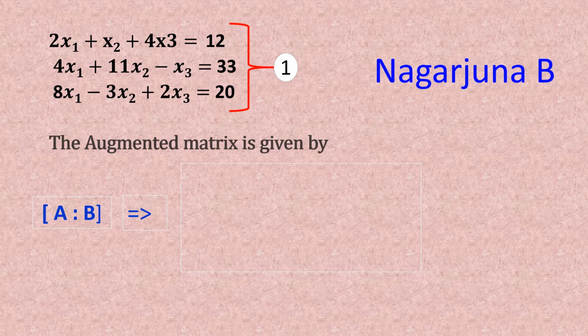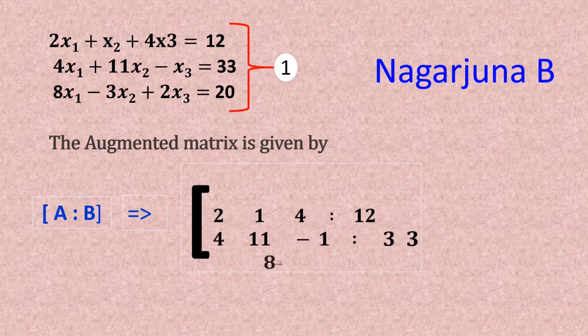Both together we write as the augmented matrix A colon B equivalent to 2, 1, 4 colon 12, 4, 11, minus 1 colon 33, 8, minus 3, 2 colon 20.